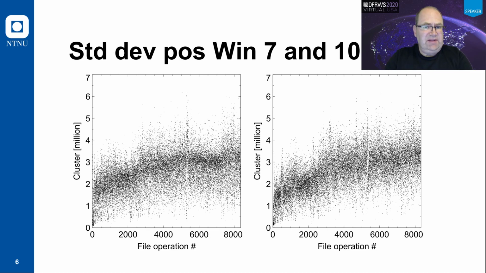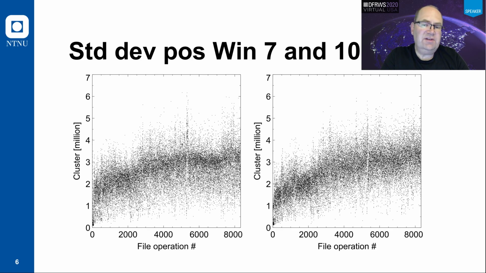If you look at the standard deviation, you also see that there are small differences between the two groups. Windows 7 has a more compact standard deviation pattern, and the Windows 10 starts at a lower value and increases rapidly, and then also has a more distributed appearance at the end.